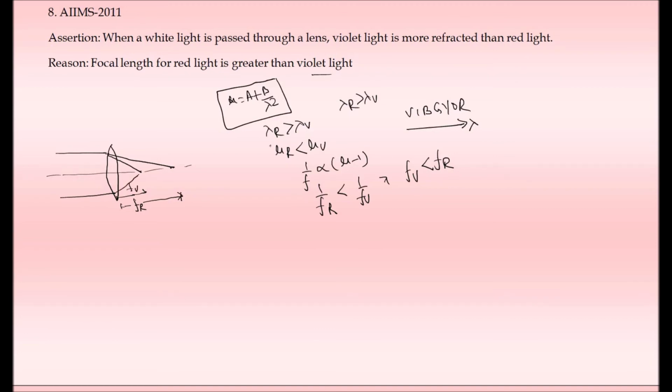And similarly, this can be observed in the case of a diverging lens. So this is our violet light, this is our red light. In the case of a diverging lens, this is our red light, this is our violet light, and as these are diverging light rays, a real image is not formed.